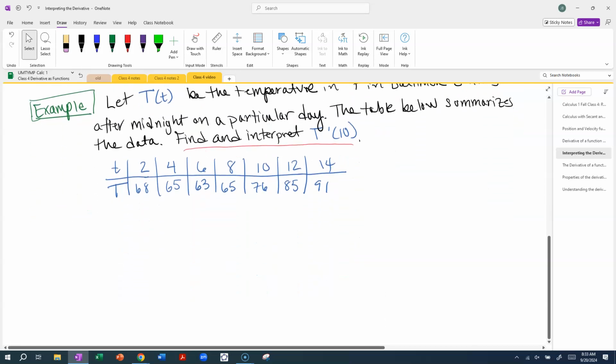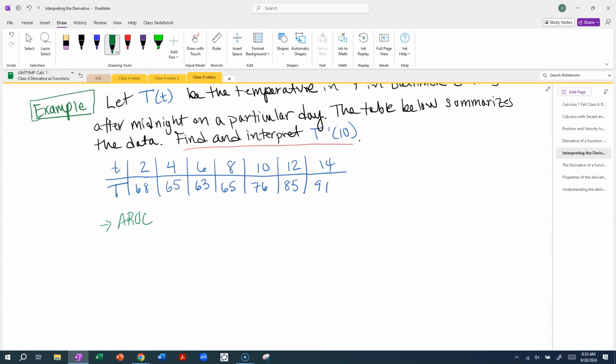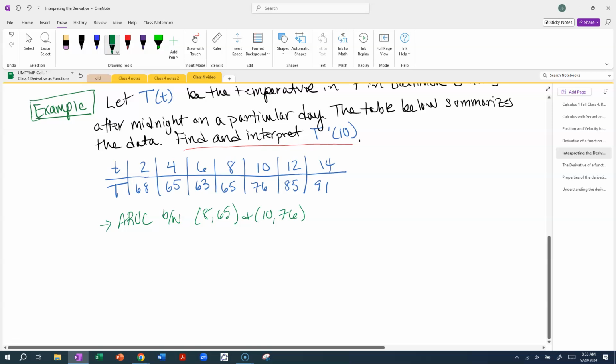So what we could do is, I'm just going to outline this as a general idea. If we're trying to estimate T prime at 10, what we could do is do the AROC, average rate of change, between, say, the points 865 and 1076, so that'd be one average rate of change, and then another average rate of change between 1076 and 1285.